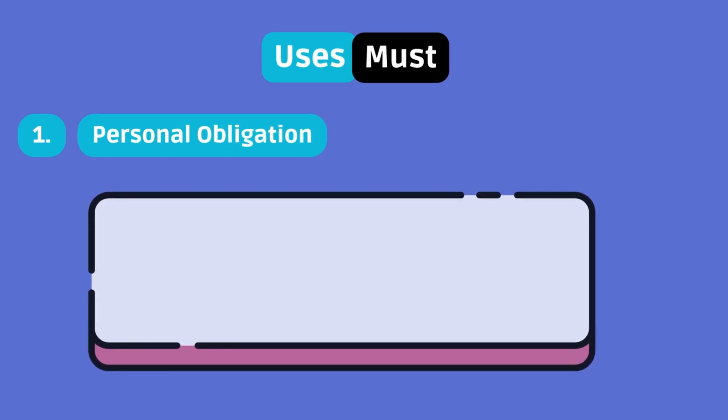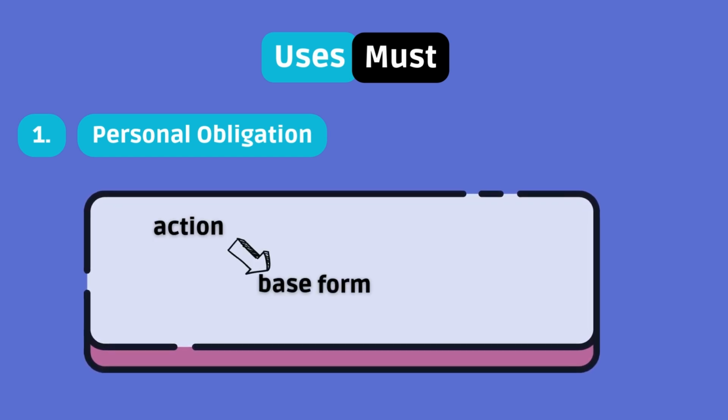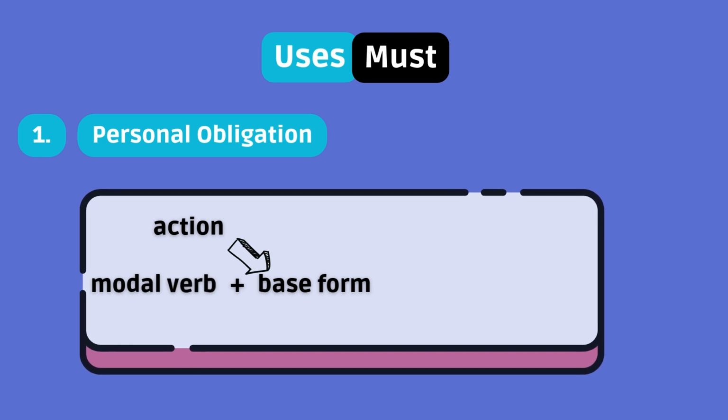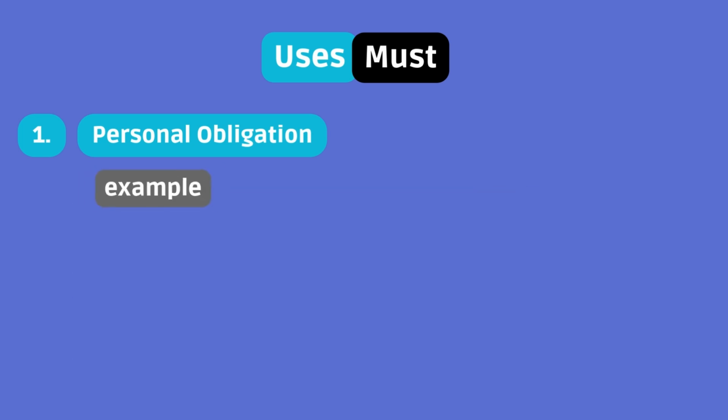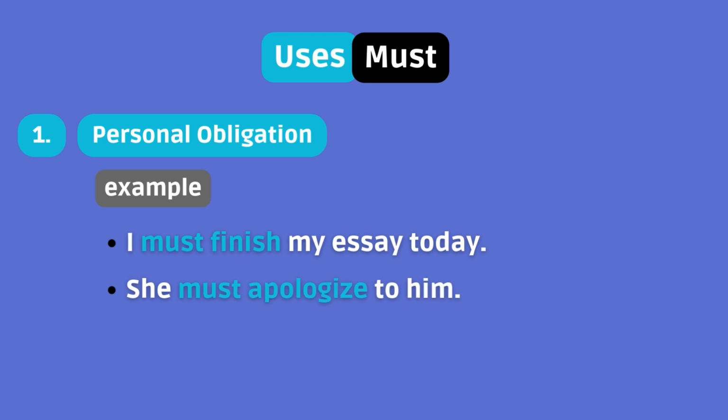The speaker thinks that the action, the base form following our modal verb, is a personal responsibility. Example, I must finish my essay today. My teacher set a deadline for submission, and I want to comply. She must apologize to him. The speaker believes apologizing to him is her duty.